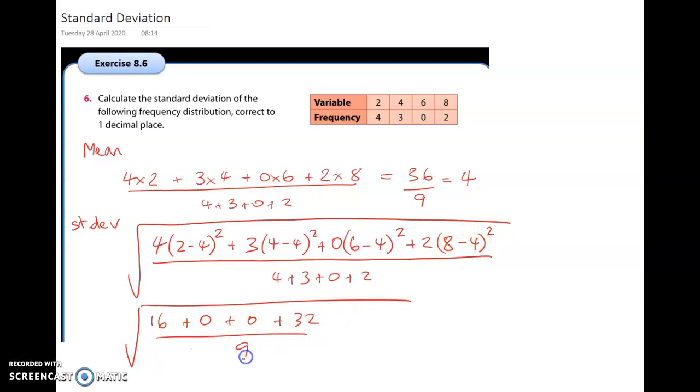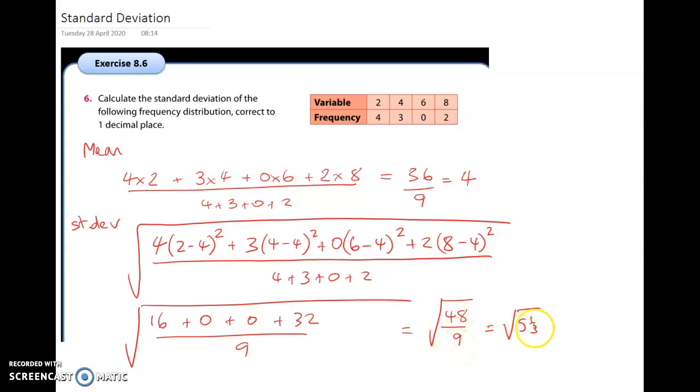That's all being divided by 9. So what I get is 16 plus 32 is 48. I still have the 9 on the bottom. So what's the square root of 48 divided by 9? That's basically the square root of 5 1/3. That's what 48 over 9 is.